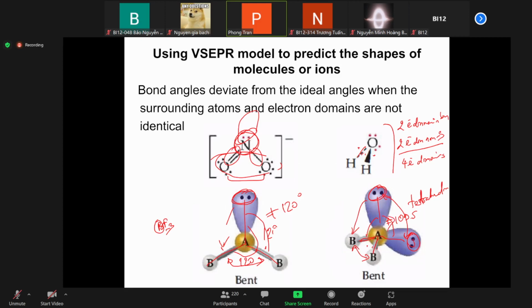It also means it forces this angle to get smaller than 109.5. So this is what we observe in the experiment. This angle between hydrogen, oxygen, and hydrogen is smaller than 109.5. So this indicates very well that the interaction of the free, non-bonding electrons is stronger than the interaction of the bonding electrons.